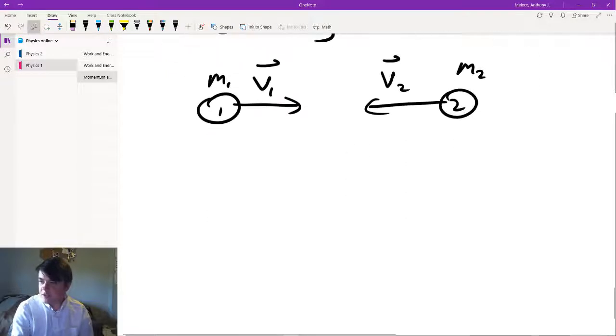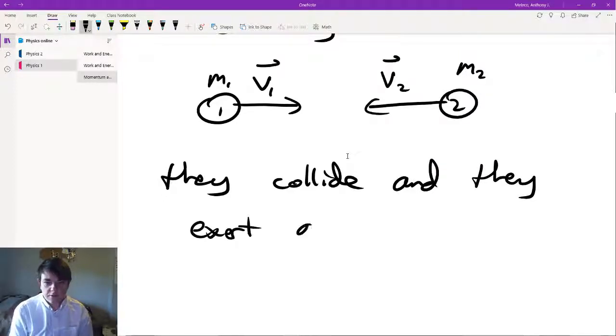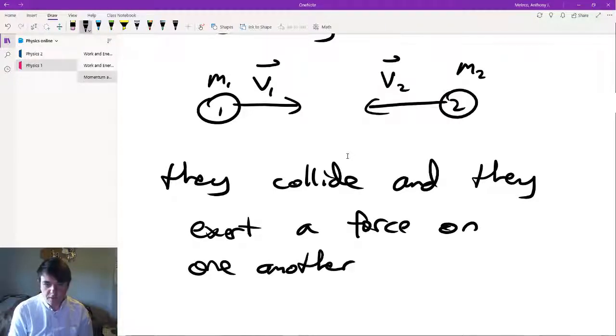And as you can see, they're going to collide. So, they collide, right? And because they're colliding, they exert a force on one another.